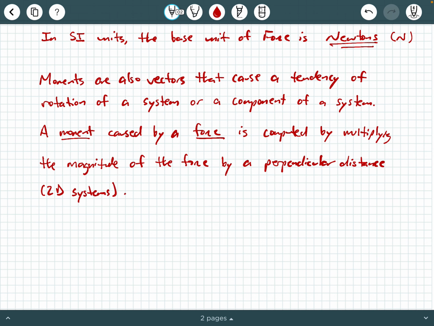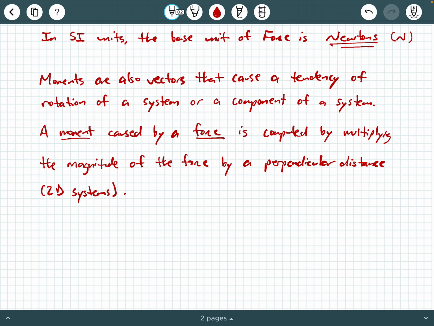So what would that mean? In English units, a moment would have units of something like pound feet. That's the units of pounds times the units of feet. Or what about maybe kip feet? Or maybe pound inches, okay?